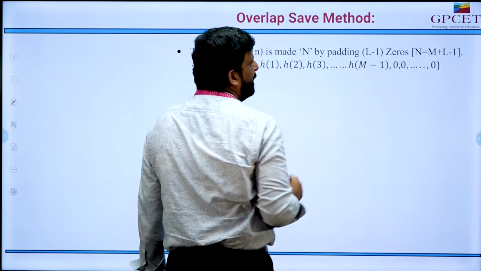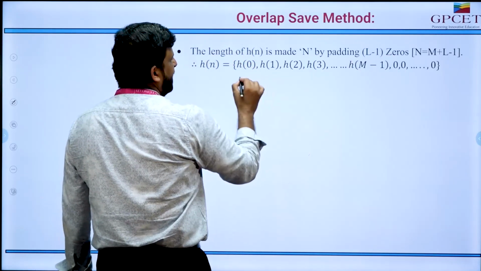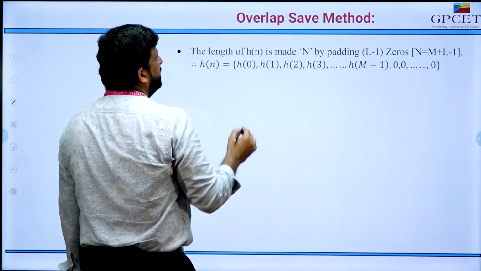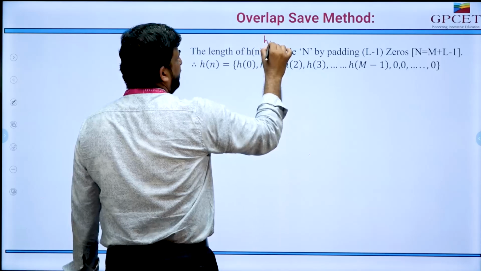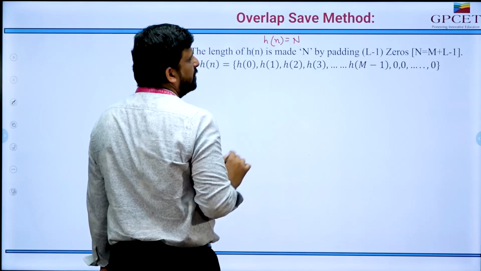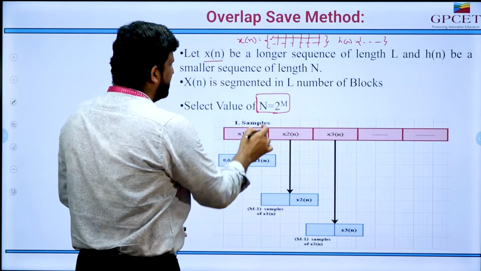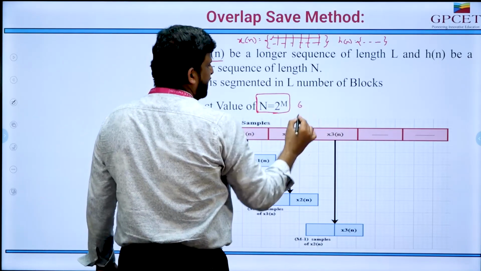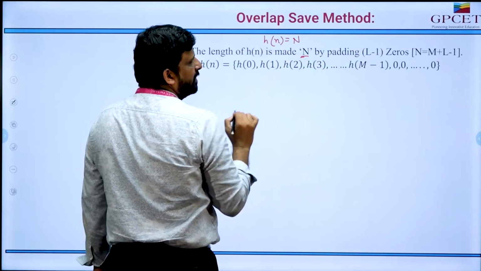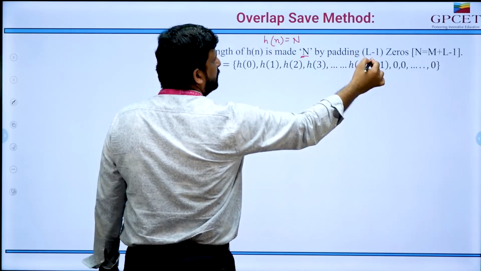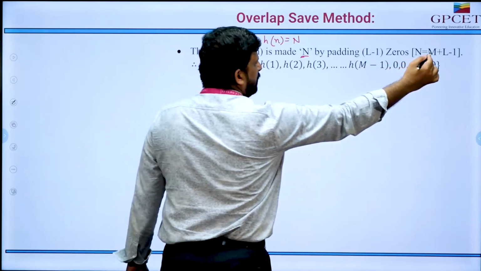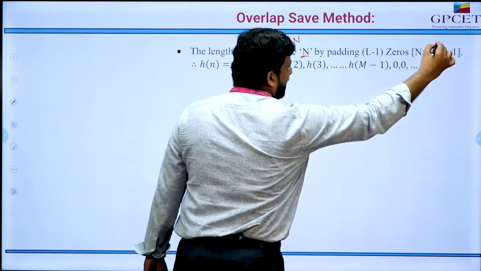For example, the length of h of n should be made equal to the length N. If we go to the previous slide, if I get the value of N equal to 6, this h of n length should also be made capital N. How are we going to do that? By adding zeros, that is zero padding. N is equal to m plus L minus 1. Why? Because we know the values of m and L.